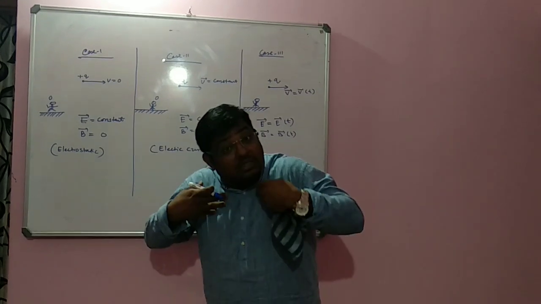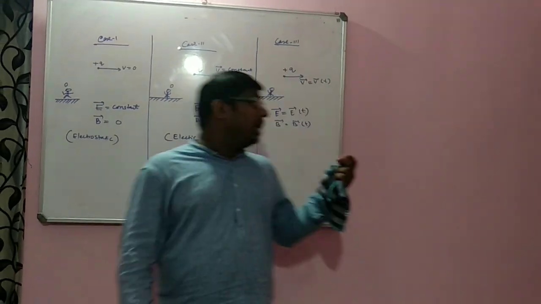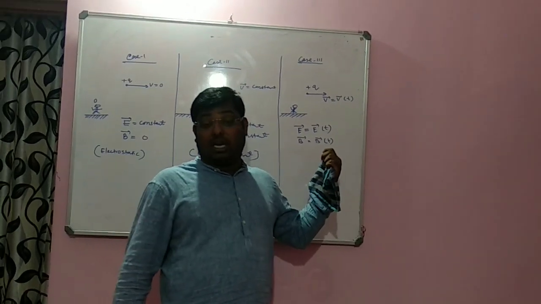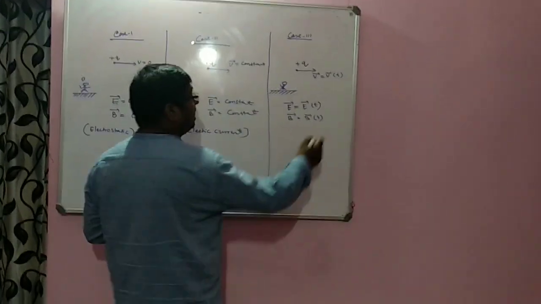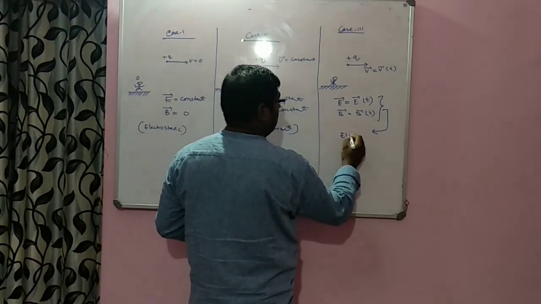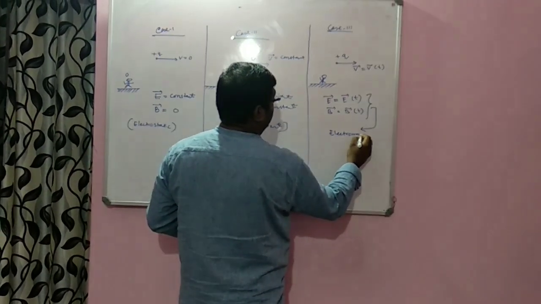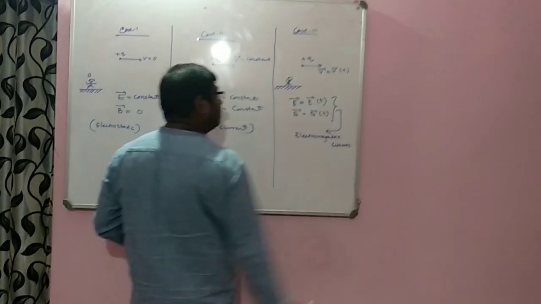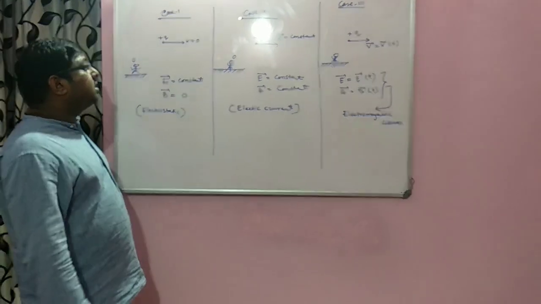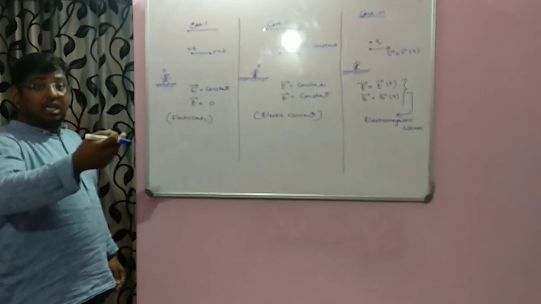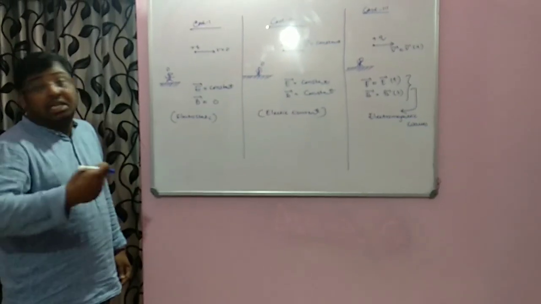Then what actually I am going to observe is a time varying electric field, simultaneously a time varying magnetic field, and both combinedly are considered to be electromagnetic waves. Right?